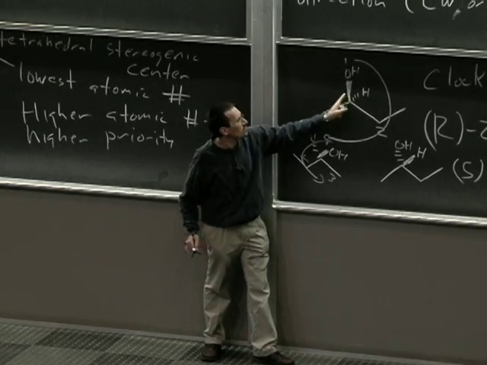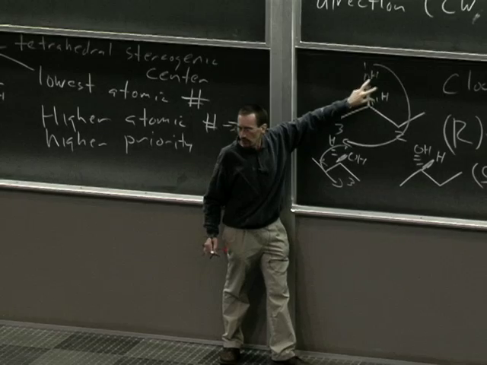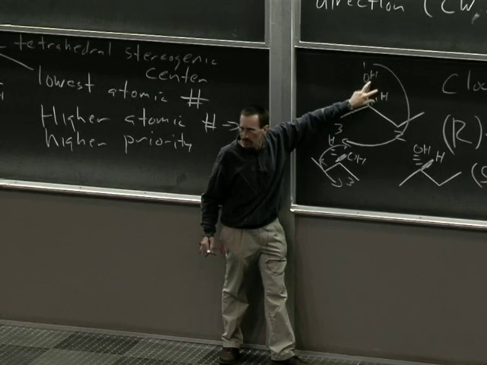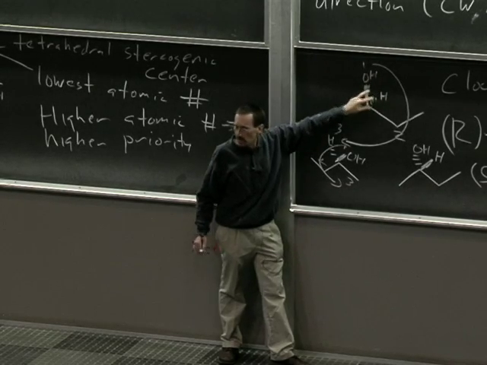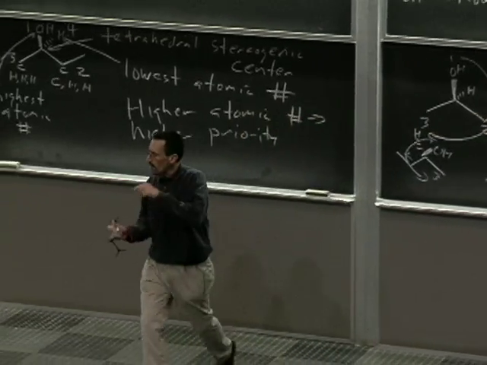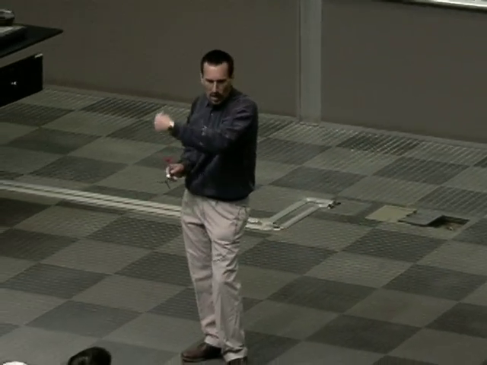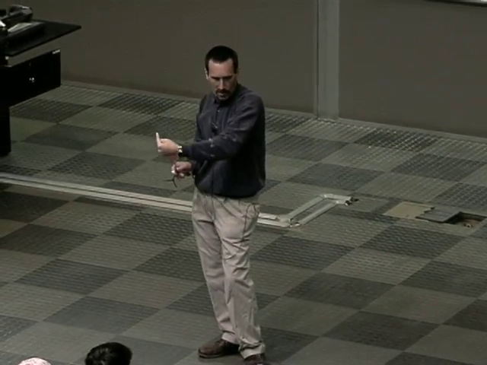And we knew when it was like this, it was R, because we were sighting down the bond. So if we swap 2 substituents, we invert the stereocenter, and we go from R to S. Or you can say, well, I'm sighting it backwards, so what should be clockwise is counterclockwise, and what should be counterclockwise is clockwise. Questions or thoughts?